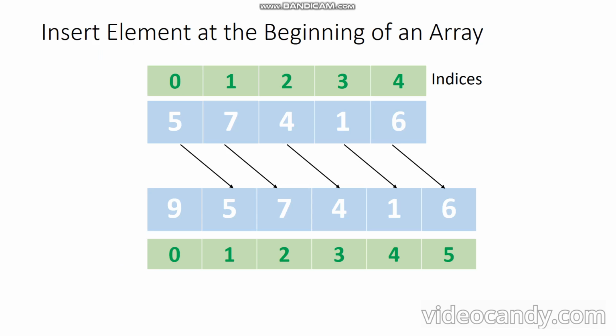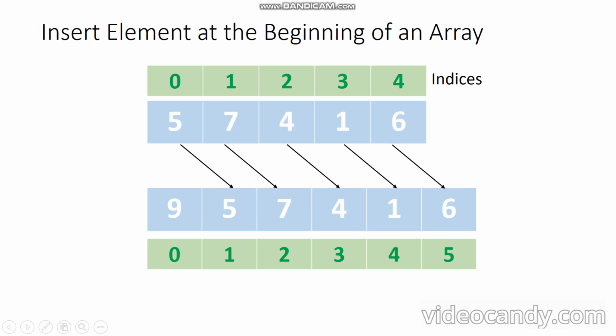As you can see over here, this green part shows the index number of the array. As we have discussed previously also, the array index starts with 0 and goes up to size minus 1.